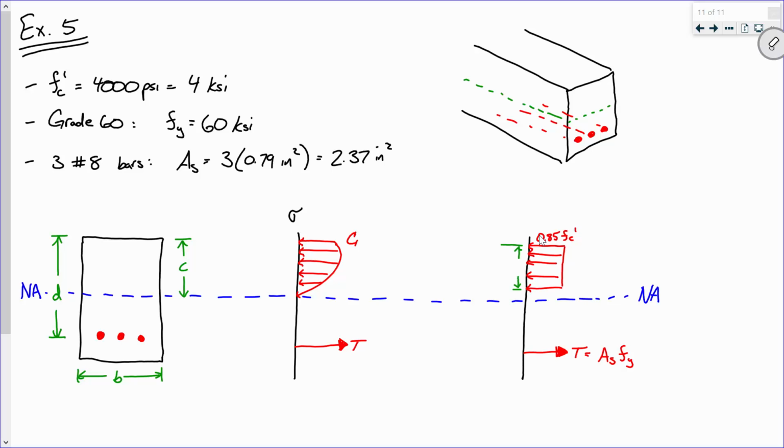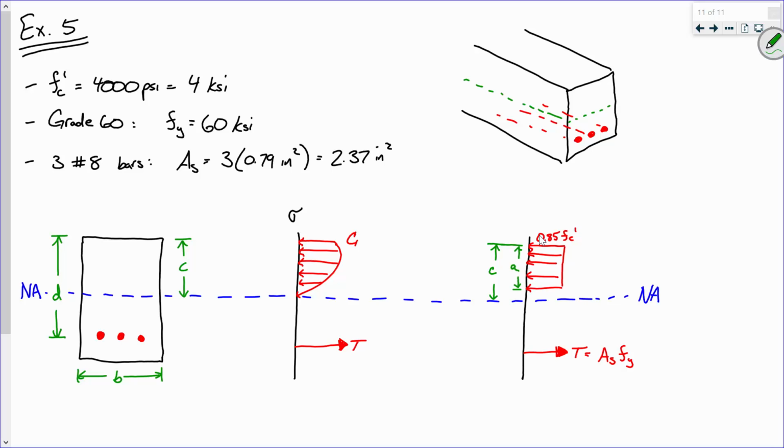C times beta 1, or just a simple, the first term is A. Does everybody see that? This is A right here. This height right here from there to there, that is C. What I really want to be delineated is the difference between what is A and what is C. A is the depth of the stress block. C is to the neutral axis.